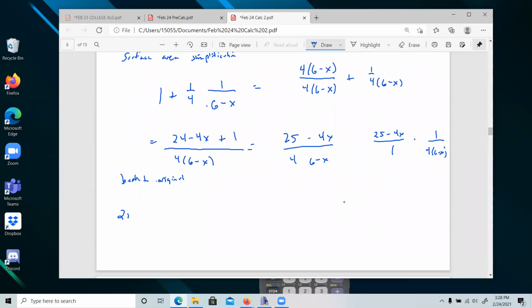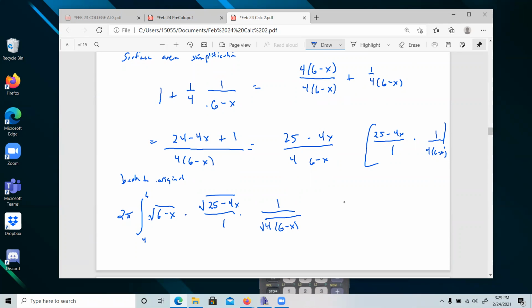So remember, we had 2 pi, we had 4 to 6, we had a square root, right? We had 6 minus x square root here, times, and then this is the result of my whole thing here. So we have the square root of 25 minus 4x times 1 over the square root of the fourth root of 6 minus x down there.